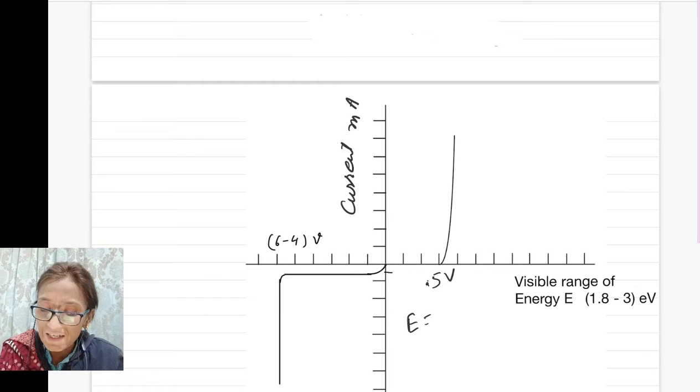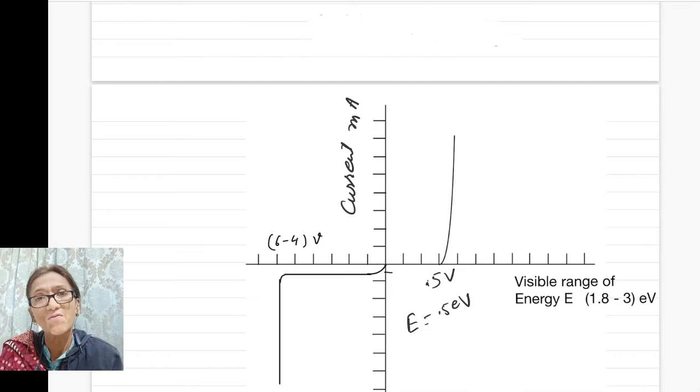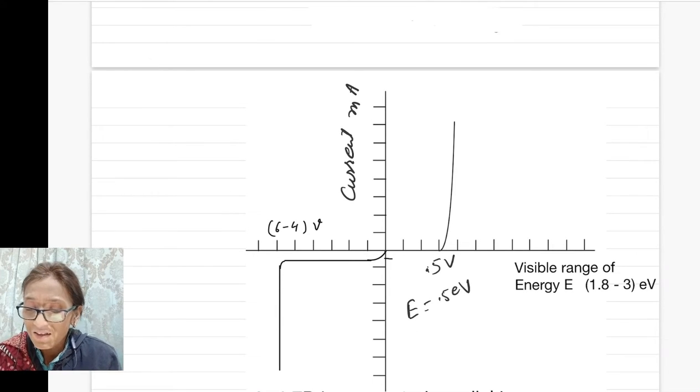Its energy is only equal to 0.5 electron volt. It will not give visible light. It will give energy which will be in either the infrared region or microwave region. You cannot see it. Now what is the visible range? So just double it, it will be 1, and then triple it or make it 4 times.